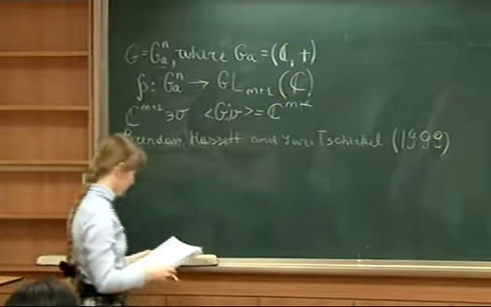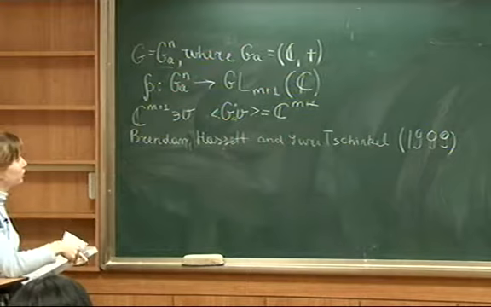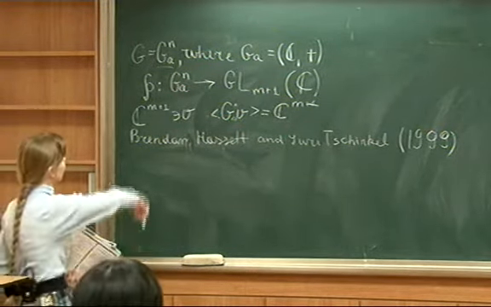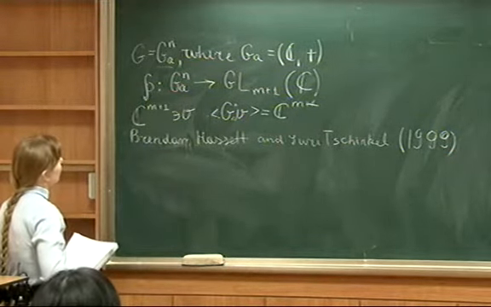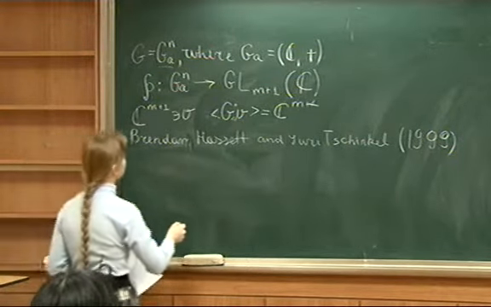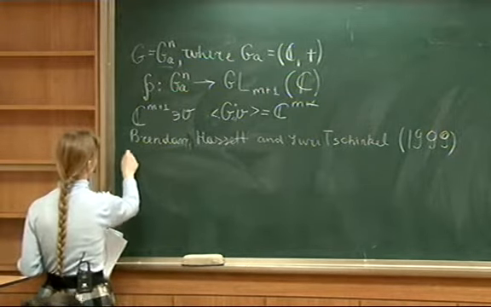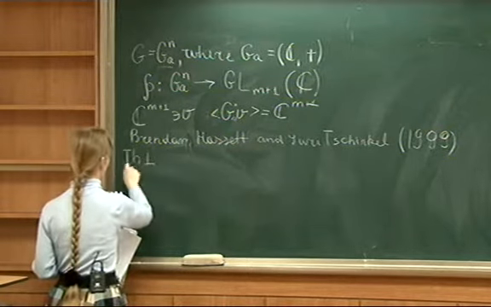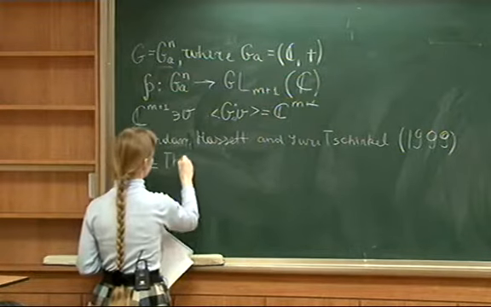Its idea is that they state some correspondence between such representations and zero-dimensional subschemes in C^n. To be more precise, I will, of course, formulate their theorem. There is a one-to-one correspondence.